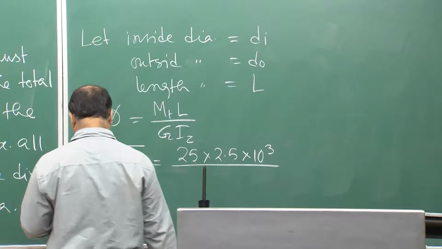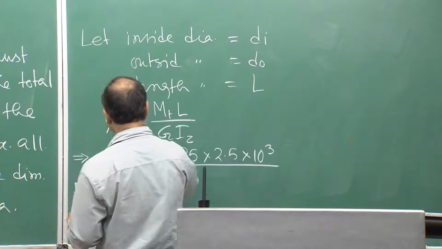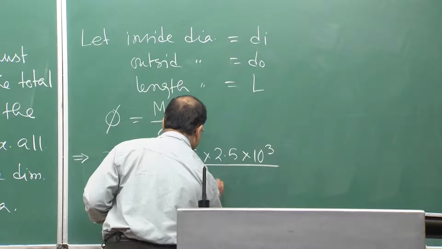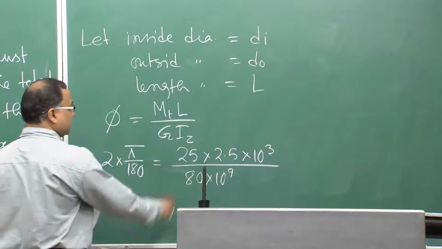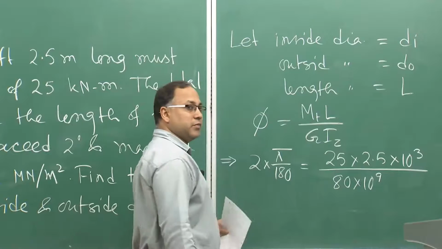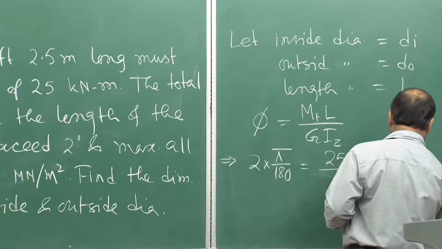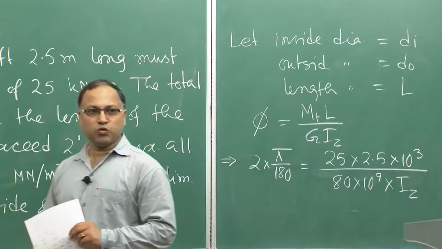And G value is given as 80 giganewton per meter square, that is 80 into 10 to the power 9 Newton per meter square. This 25 into 10 to the power 3 is basically Newton meter. And IZZ, because you do not know the dimensions, you cannot find out the polar moment of inertia.